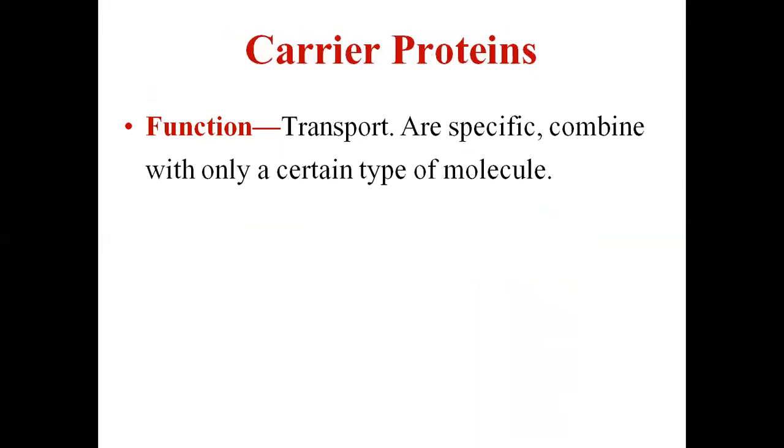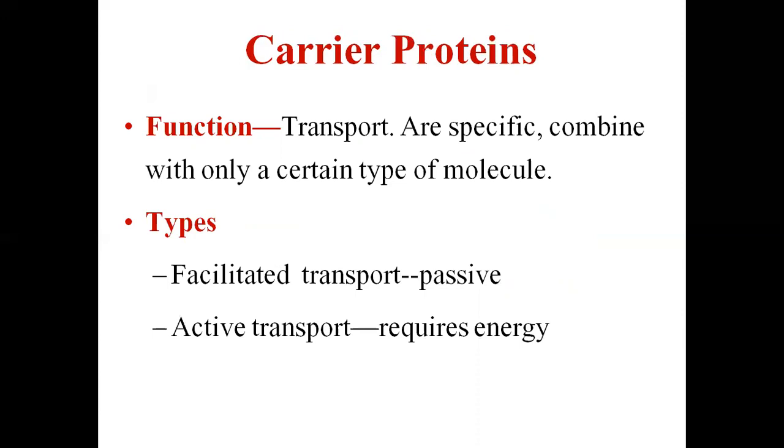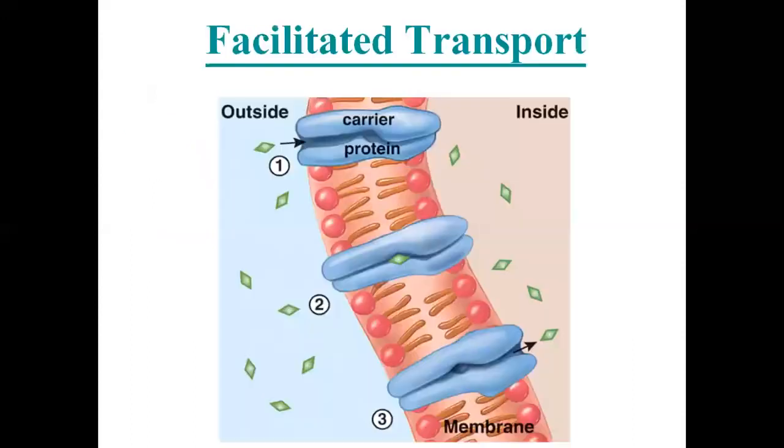So a carrier protein has a function: transport is specific, combining with only a certain type of molecule. The types are as follows: facilitated transport, which we call passive transport, and active transport, which requires energy for the movement.